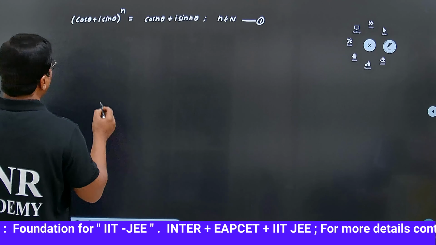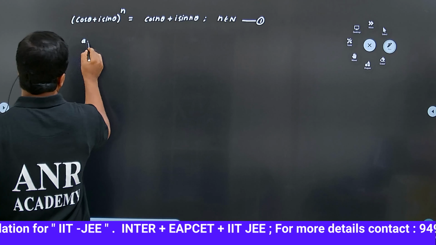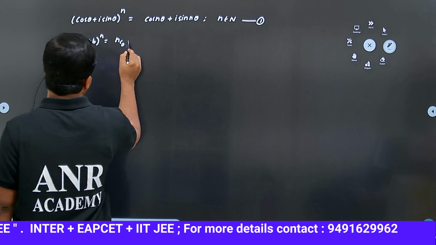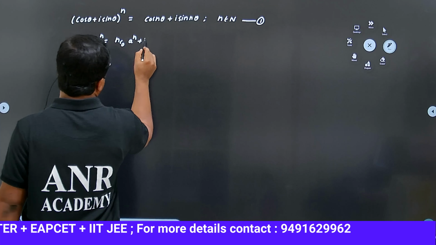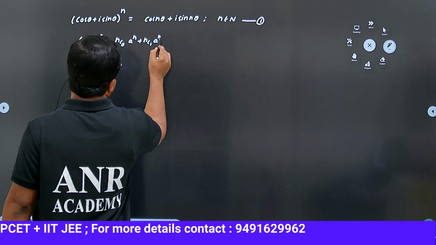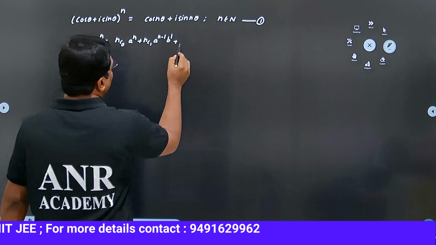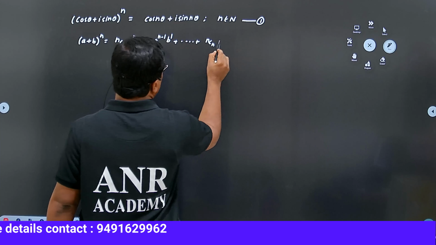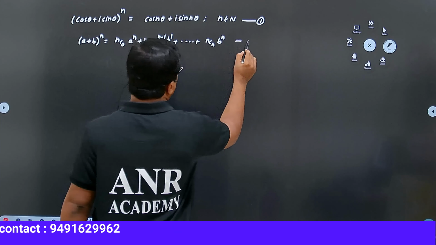Suppose, for example, you have (a + b) whole to the power of n, then you know the expansion: nC0 a^n + nC1 a^(n-1) b^1 + and so on, up to nCn b^n.